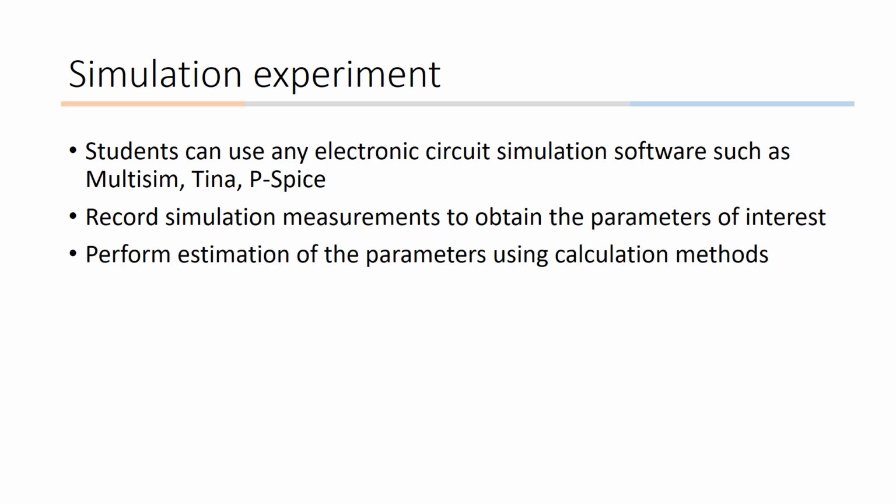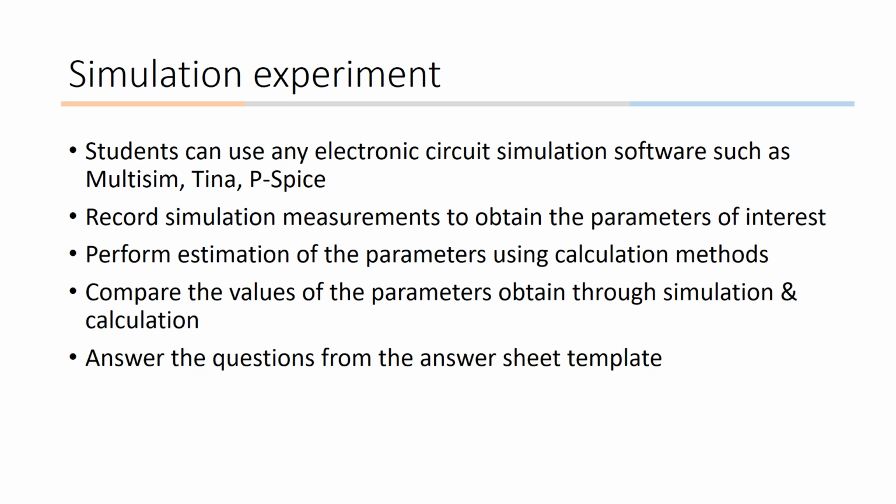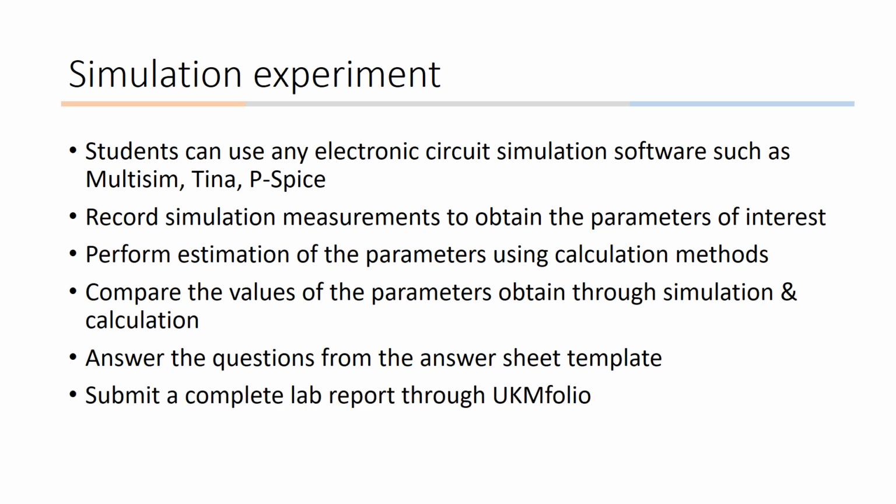You are also to perform the estimation of the parameters using calculation methods. Then you compare the values of the parameters that you obtain through simulation and calculation. Answer all the questions from the answer sheet template, and the answers to the questions become the discussion of what you found and your justification of your findings.